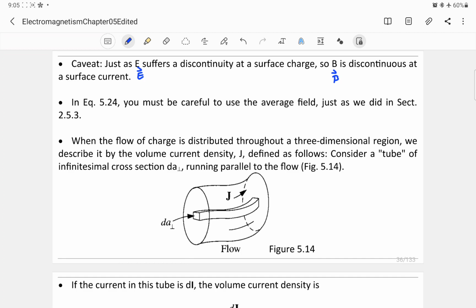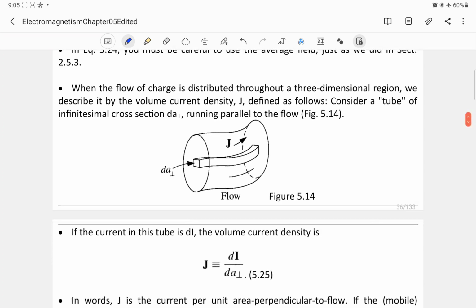as you can see in the figure, defined by this one here. So it's now the volume current density. Consider a tube of infinitesimal cross-section dA running parallel to the flow.